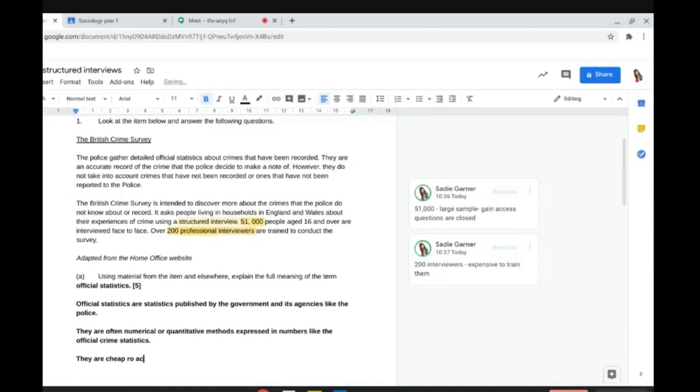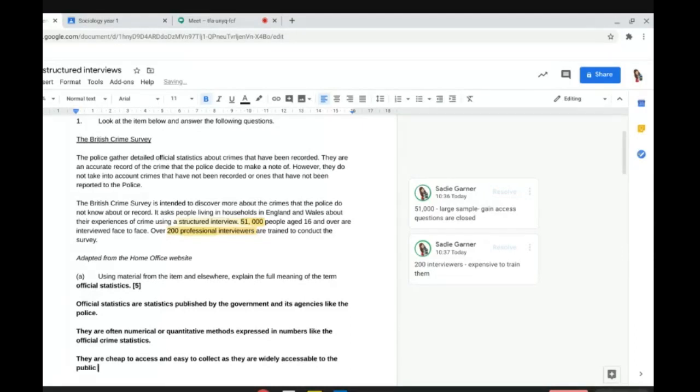to access. So we get them free. They're cheap for us. They're cheap to access. And easy to collect, as they are widely accessible to the public.